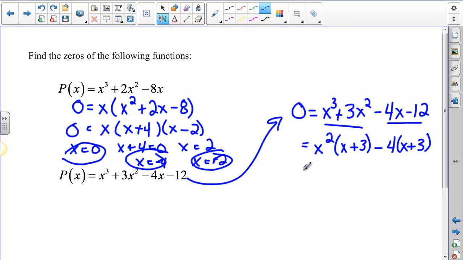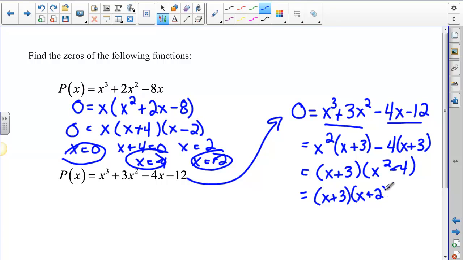There's an x plus 3 in both terms, so I take that out, and I'm left with x squared minus 4. X squared minus 4 can be factored one more time, and so we're going to say x plus 3, x plus 2, and x minus 2. Last thing that I need to do to solve this is set them all equal to 0.